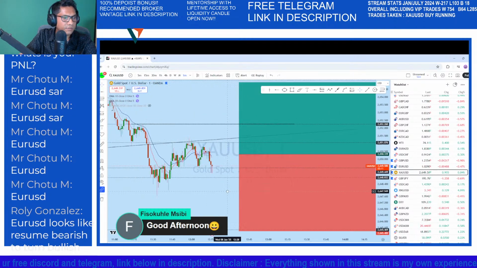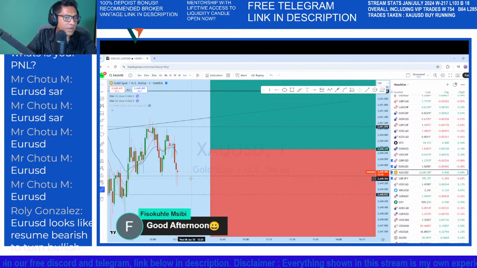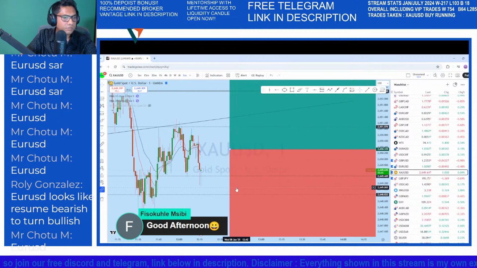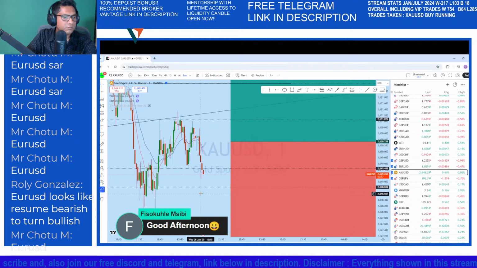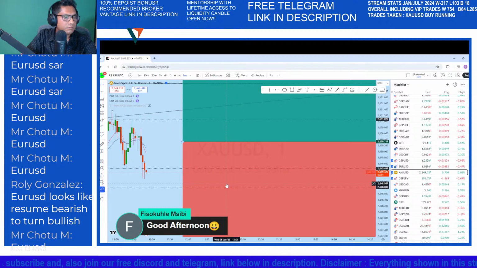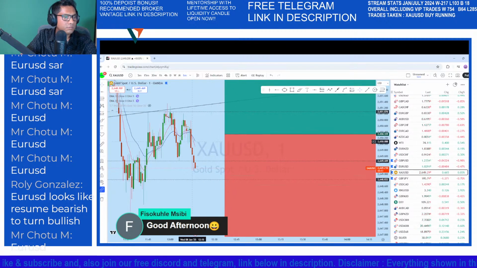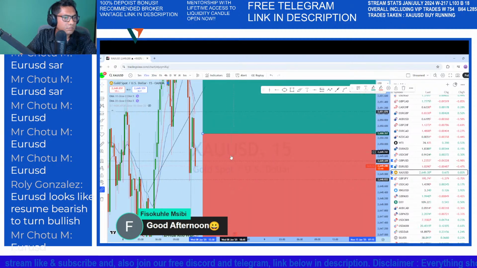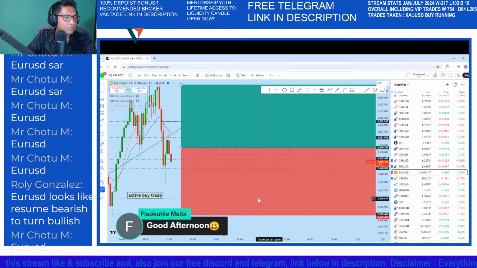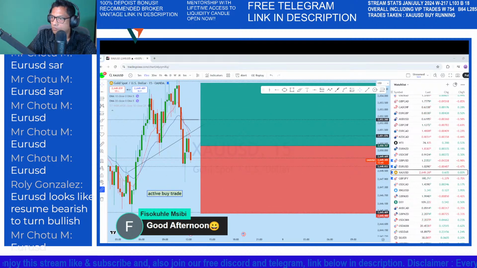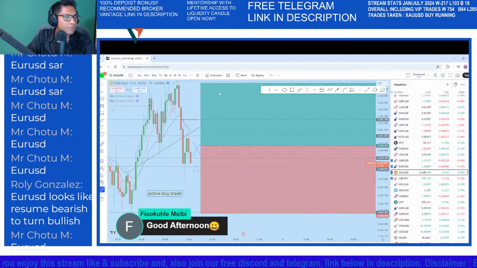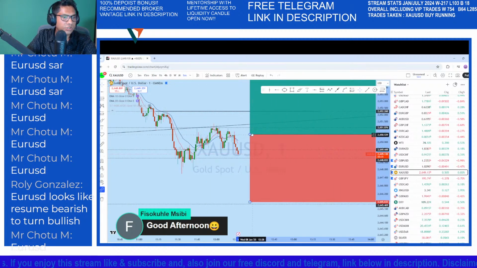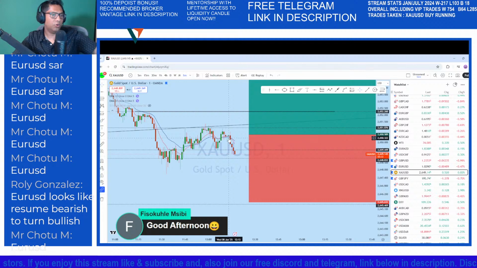Okay, so 1 minute candle, back-to-back two dojis. We'll be waiting to see some here after the back-to-back two dojis.